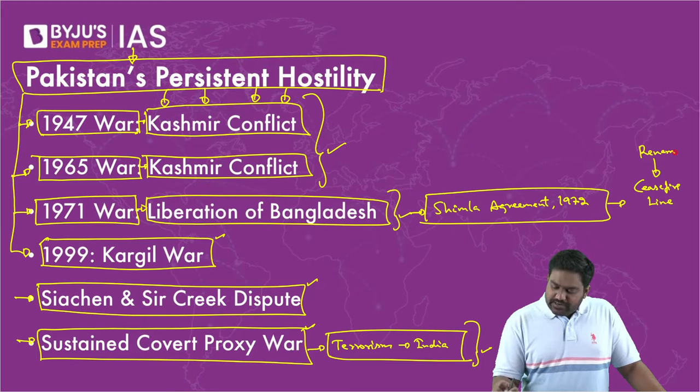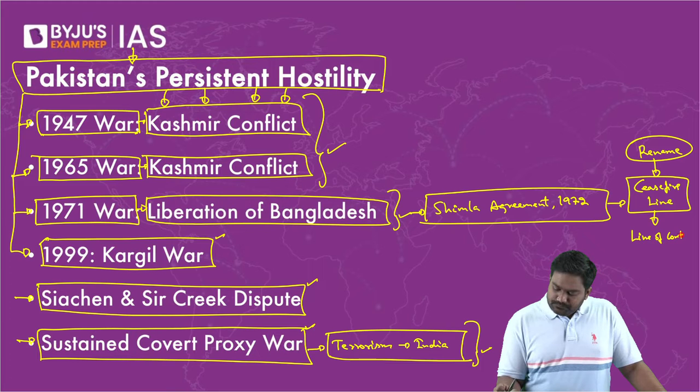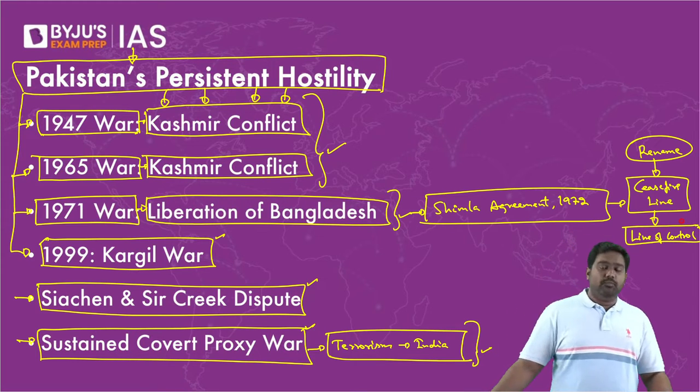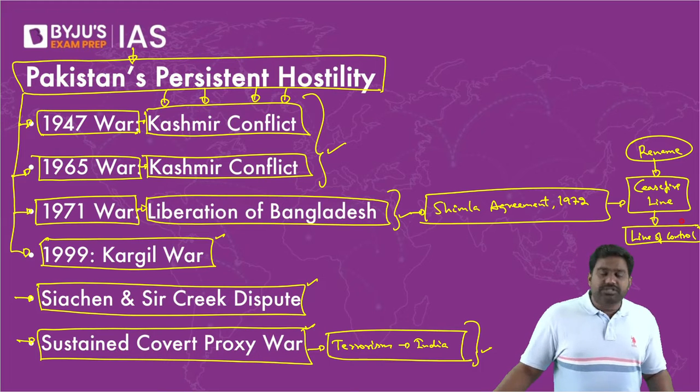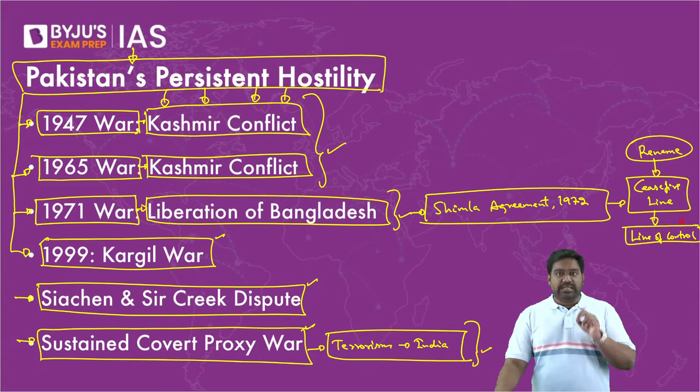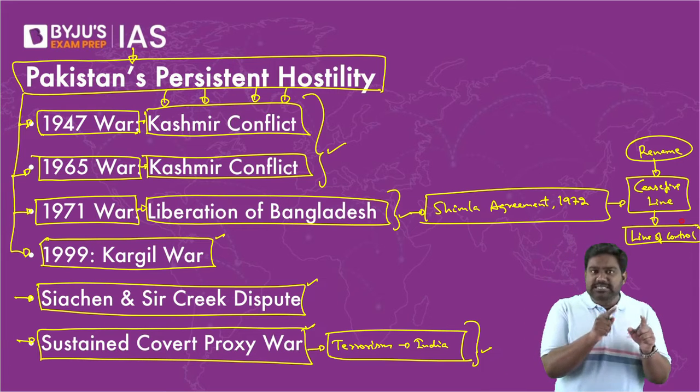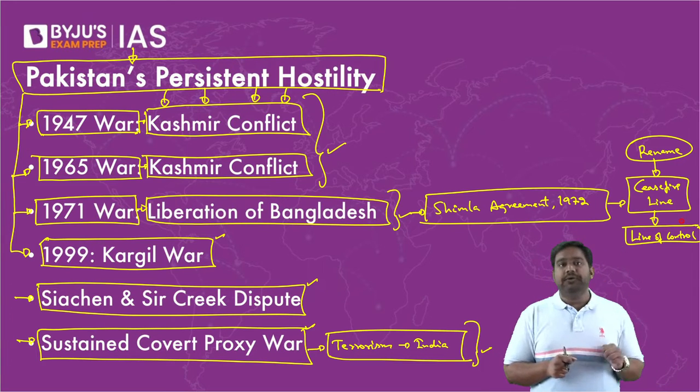The ceasefire line was renamed as the line of control, the LOC. Now you might ask, what's the big deal about changing the name? What will happen because of that? This is the beauty of diplomacy. Even though it was a technical legal change on paper, it has great significance because the UN military observer group was created to monitor the ceasefire line under the Karachi Agreement.